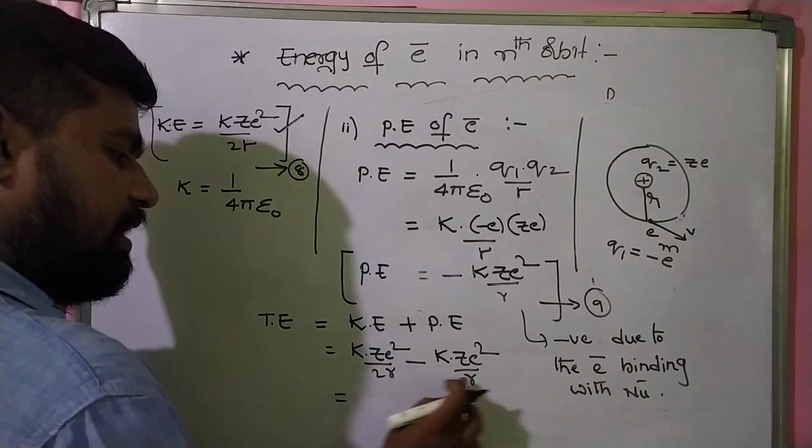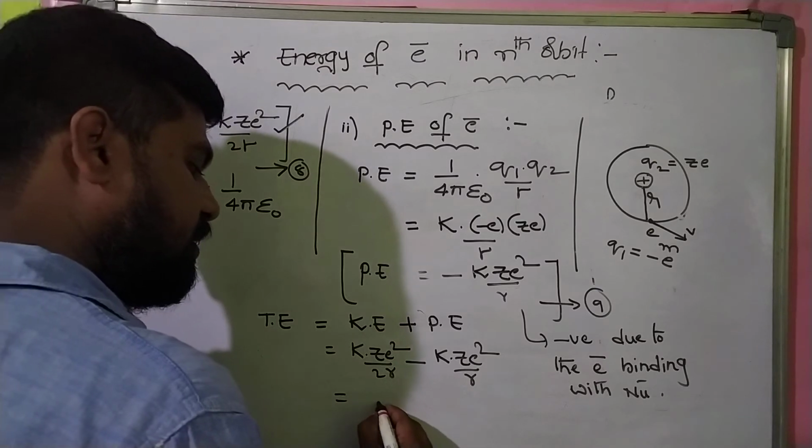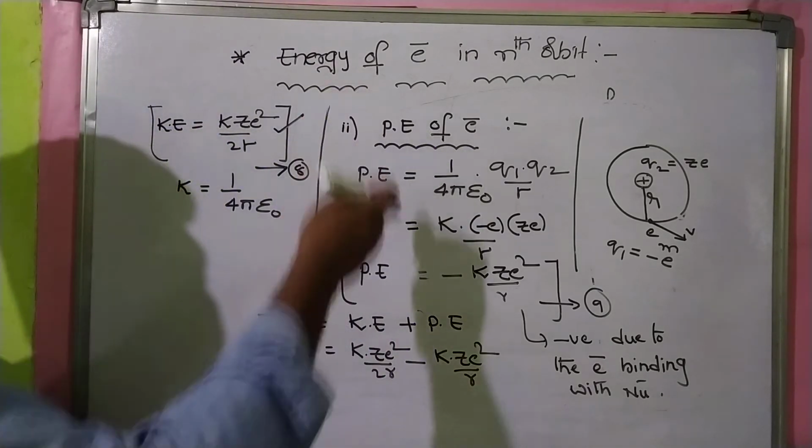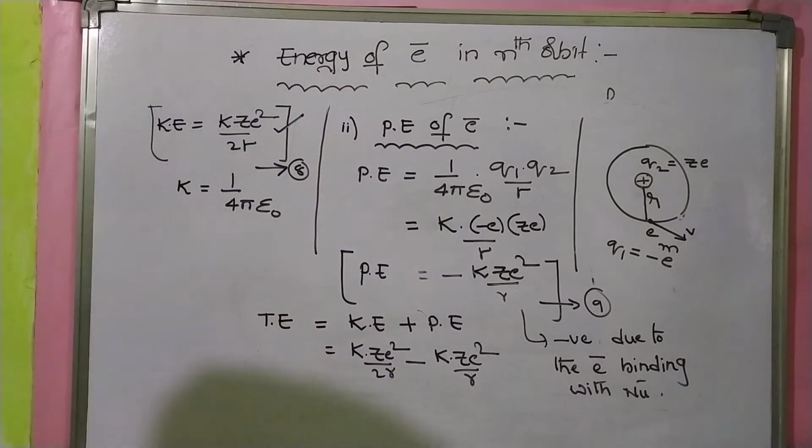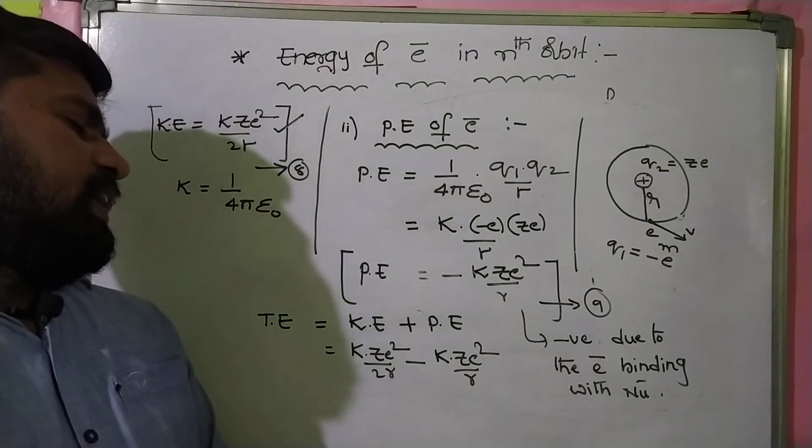Now take the LCM as 2R. First of all, write up to this. Please note up to this.